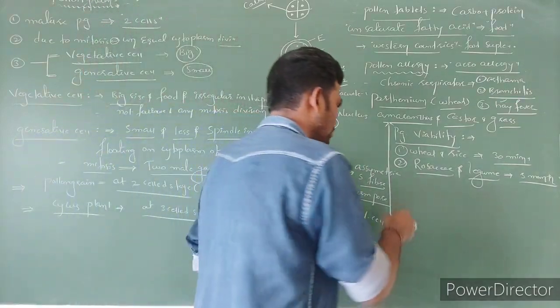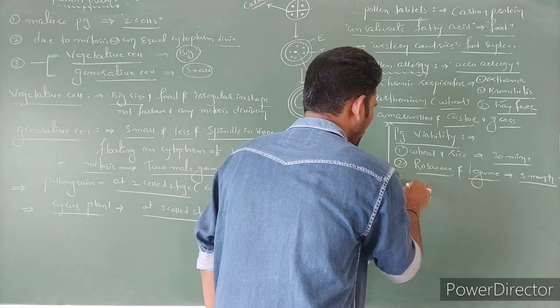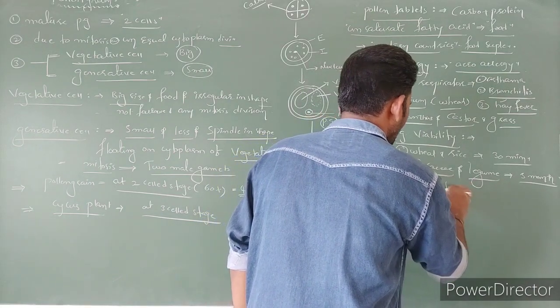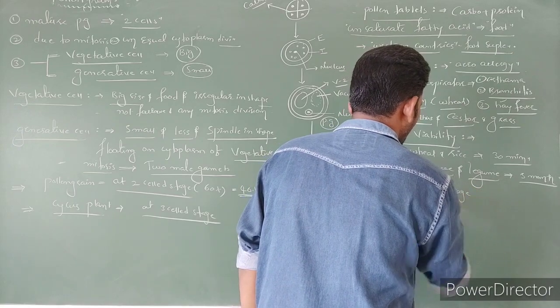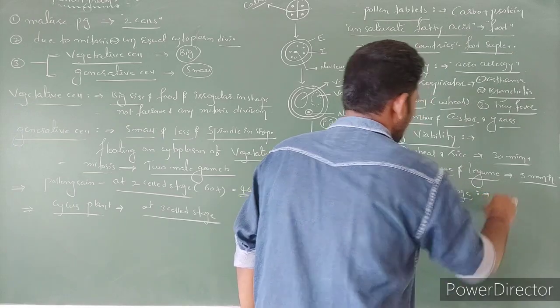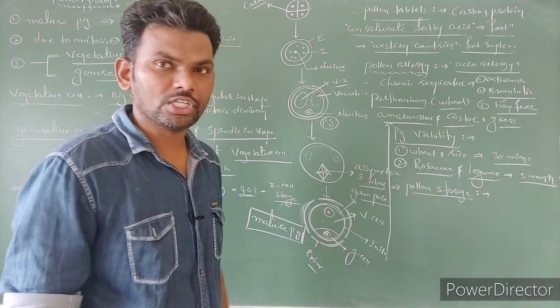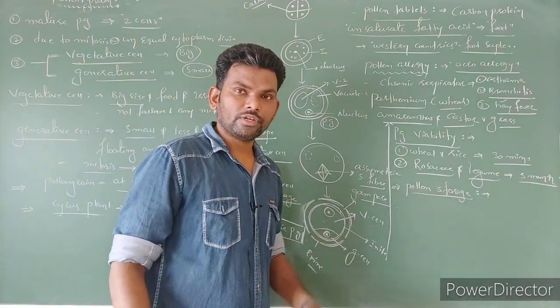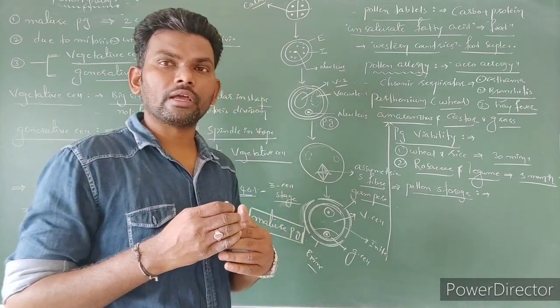The last one is pollen storage, like a pollen bank, for example seed bank, DNA bank, germplasm bank. Like that we can store pollen grains for years.